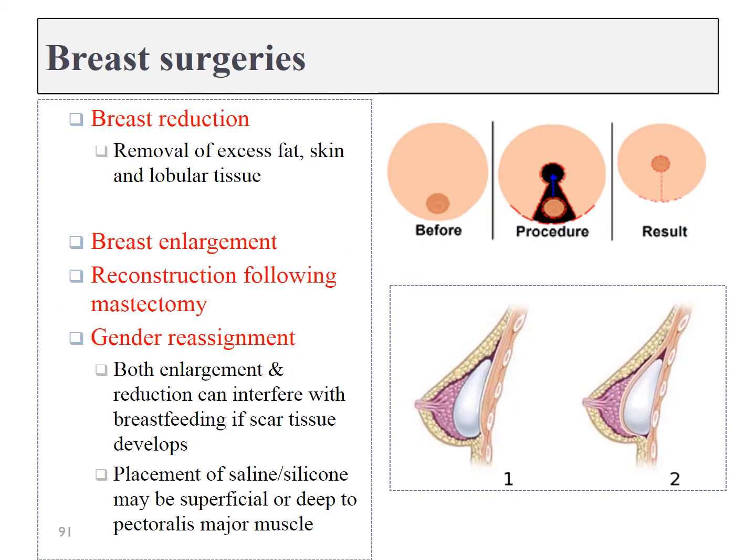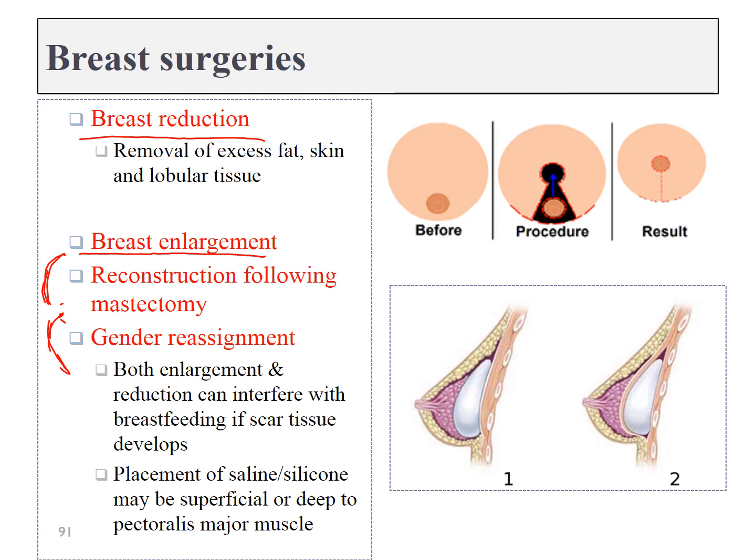Breast tissue can also be removed in a breast reduction surgery, which can help alleviate stress placed on the lower back. Conversely, breasts can be enlarged, either for cosmetic purposes, or for reconstruction following a mastectomy, or in gender reassignment surgeries.